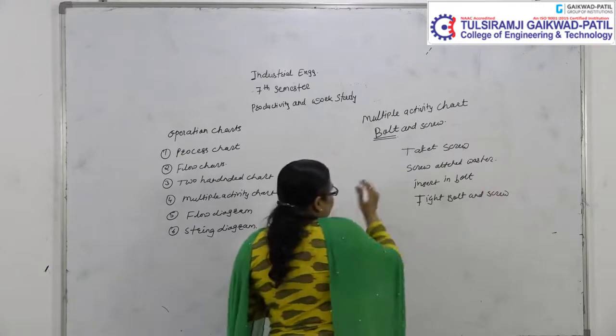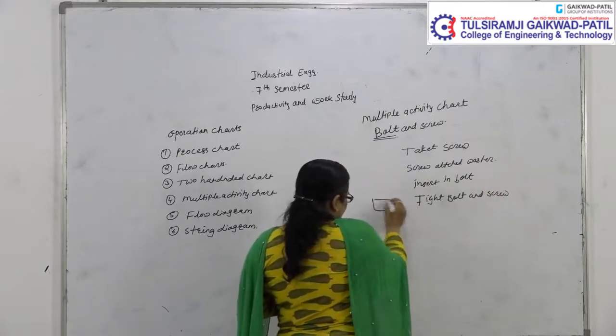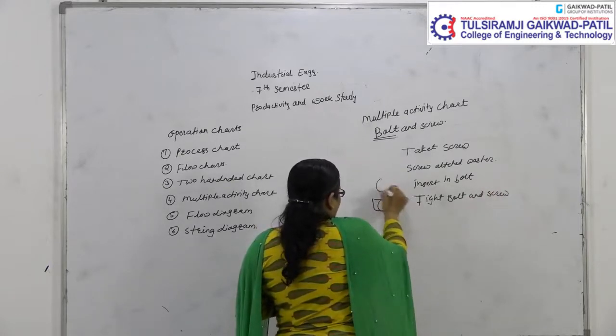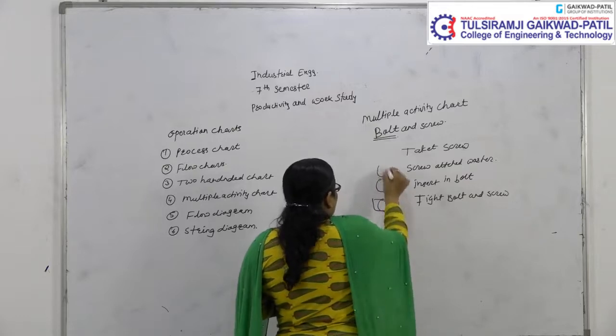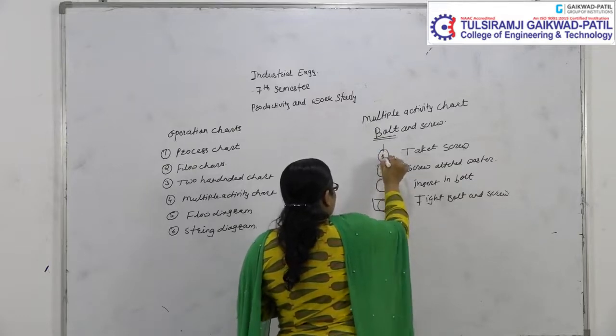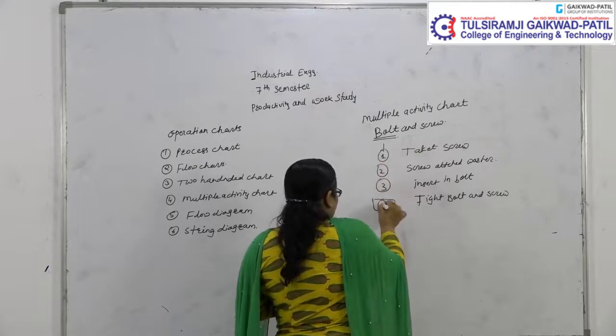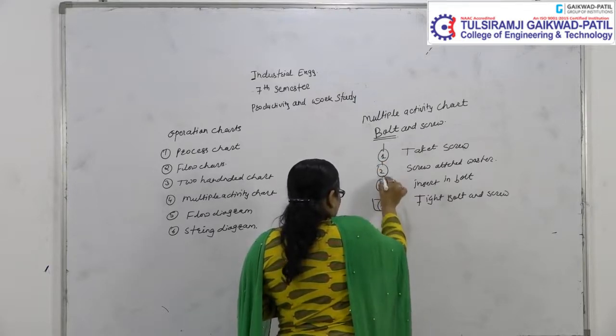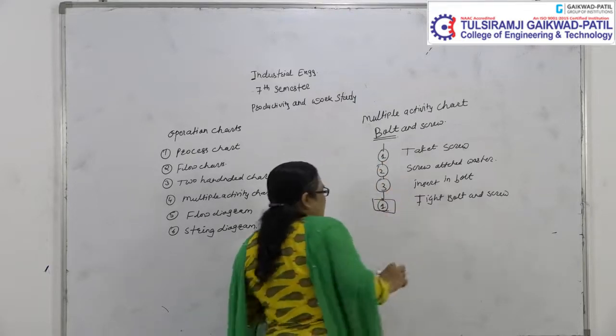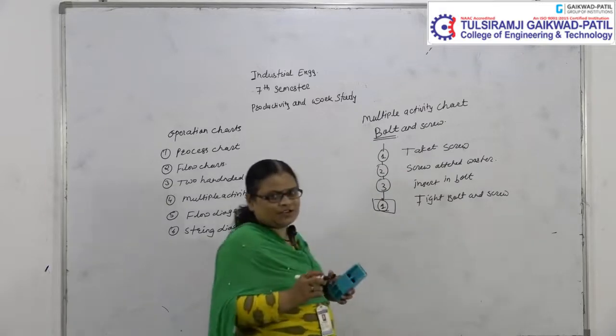So these activities can be carried out with respect to the operation, with respect to the symbols in the flow process. It is called a multiple activity chart.